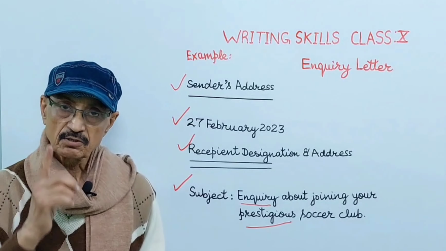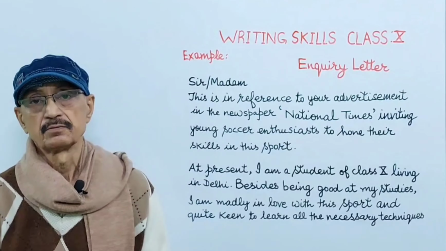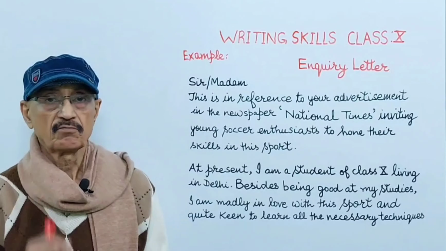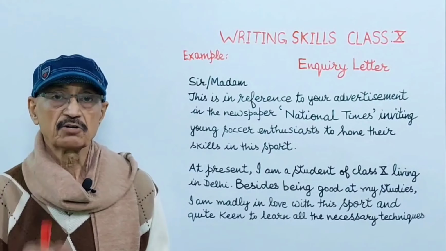You will begin the subject line with a noun. After subject line, you will leave one line blank. You will write salutation, sir or madam. Exactly below this salutation, you will start writing the opening para of that letter.